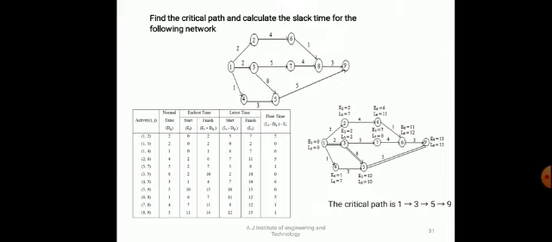Here we can do the calculation. Project Evaluation and Review Technique is one more method of network analysis, employed when activity times are uncertain, unlike CPM, where the durations of all activities are assumed to be certain.